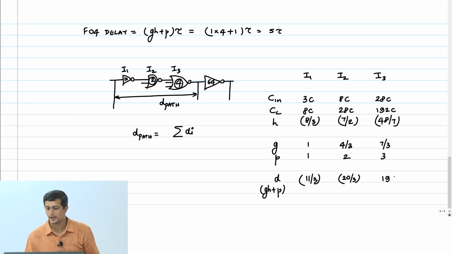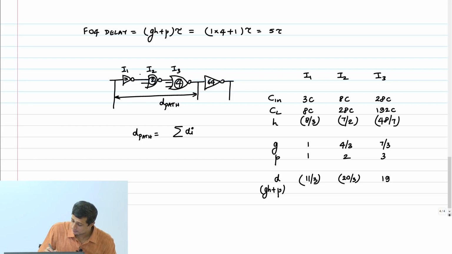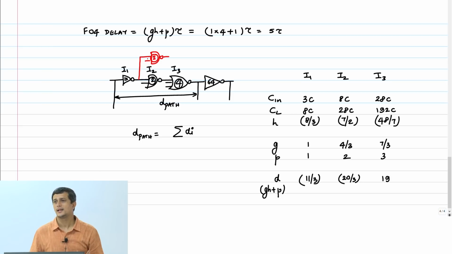So you have to be careful only in the following case. What if I modified this circuit like this? This also is 2x. I add another NAND 2 parallelly, loading my inverter I1. Which of these numbers will now change?